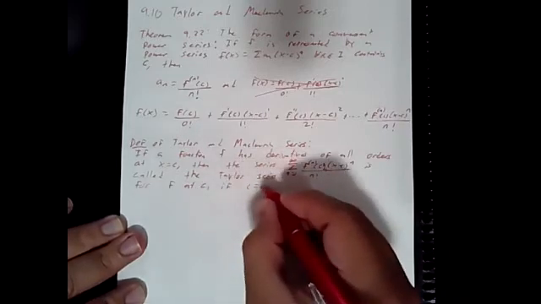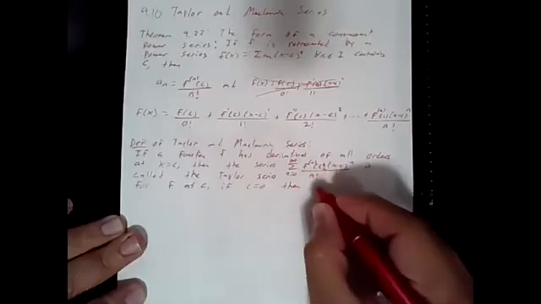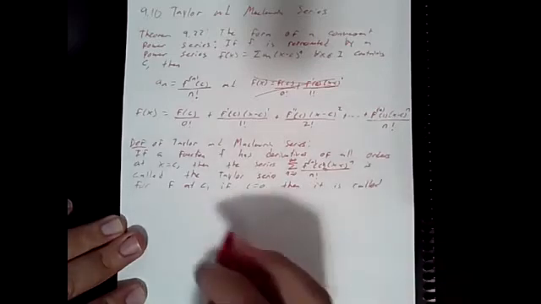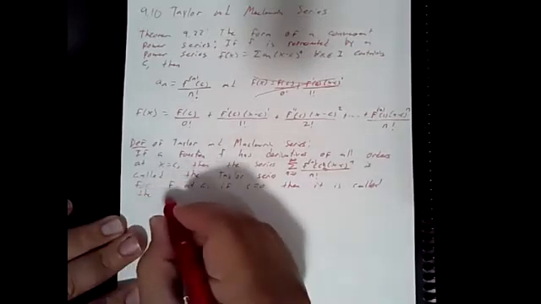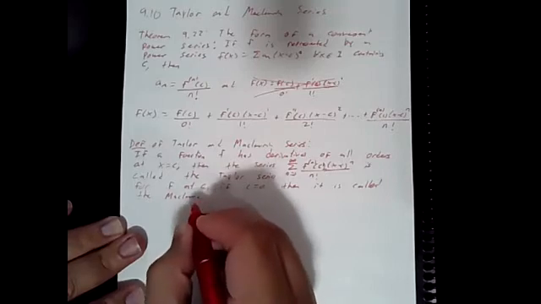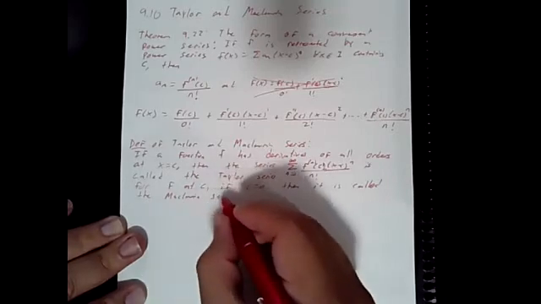If c is equal to 0, then it is called the Maclaurin series for f.